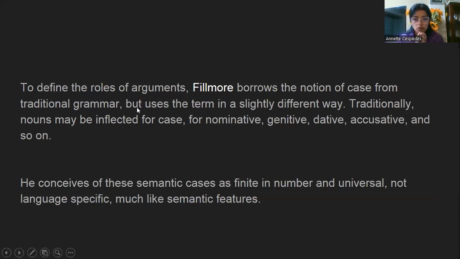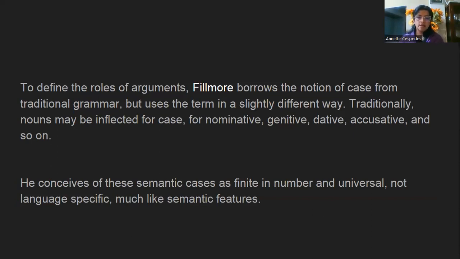Going back to this, to define the roles of arguments, Fillmore borrows the notion of case from traditional grammar, but uses the term in a slightly different way. Traditionally, nouns may be inflected for case, for nominative, genitive, dative, accusative, and so on.